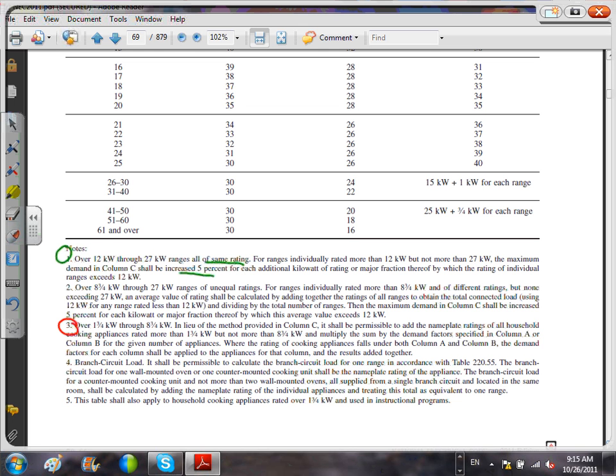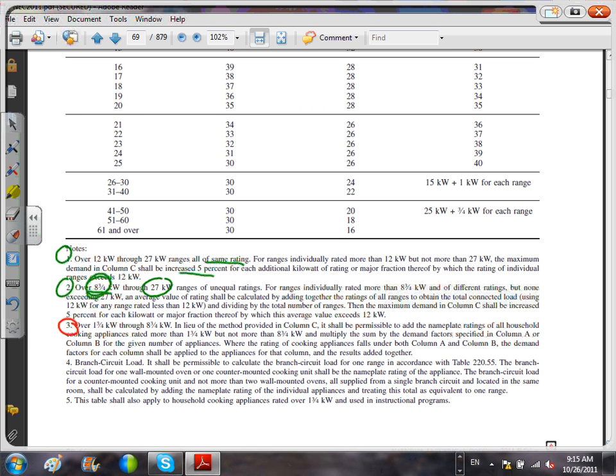Look at note number 2. It says if it's between this number and this number, and this is very important, different sizes, add them all up. Average them. But anything less than 12, make it 12. Average them, pick under C, and increase the average 5% for every kW.